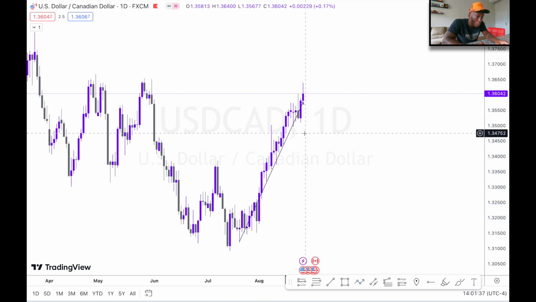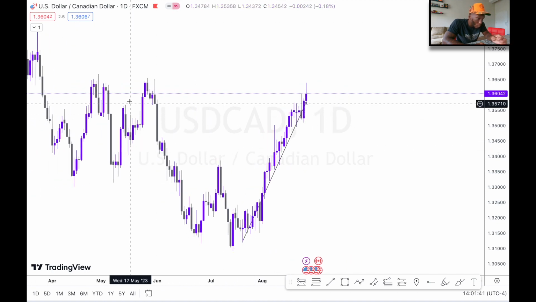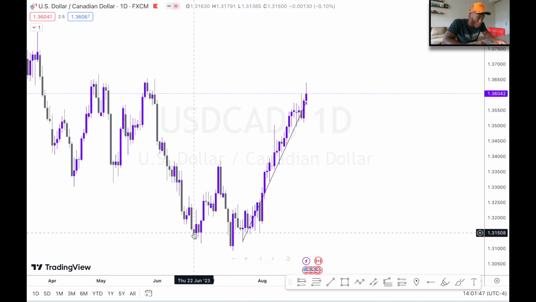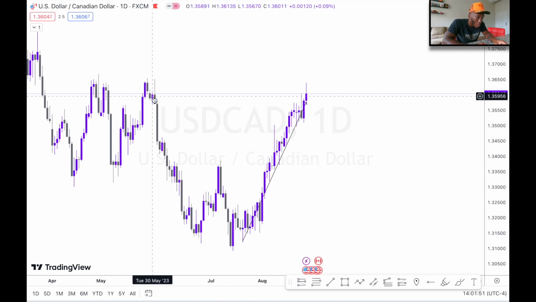So now, this is the daily time frame. If you look, this low was caused by this high. So this high right here pushed us all the way down here. So we are just now retracing back into this high, and this is a strong high. So you would likely expect a rejection from this area.